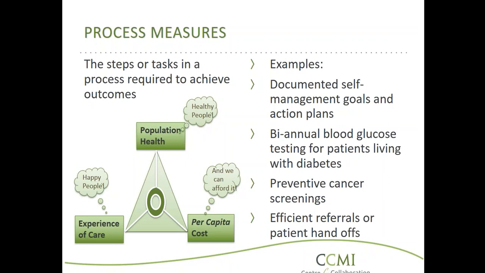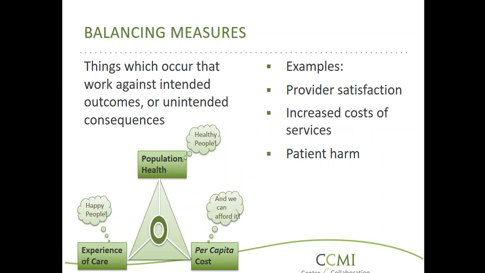Biannual blood glucose testing for patients living with diabetes, preventive care cancer screenings to prevent cancers, efficient referrals or patient handoffs so that patients move between care providers more effectively, the outcome being integrated, coordinated care. All of these measures are tied directly to the triple aim, as you're seeing on this slide, where we're trying to improve population health. We're trying to improve the experience of care while being cost-effective at the same time.